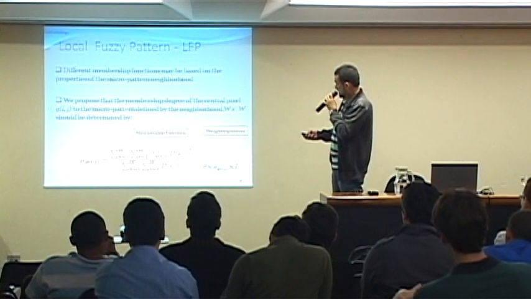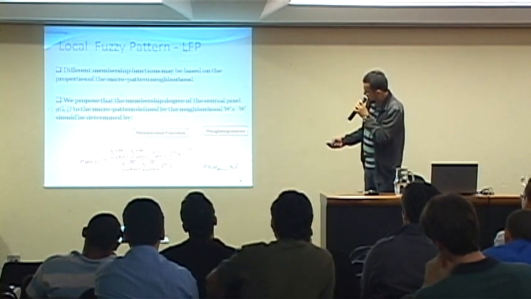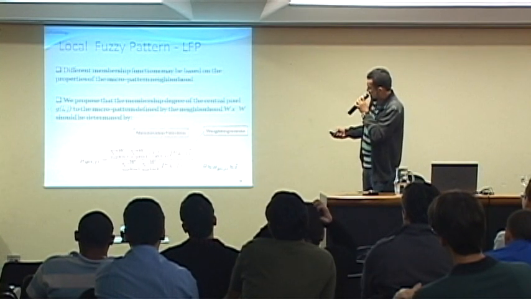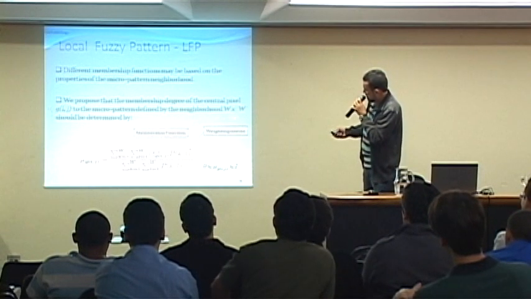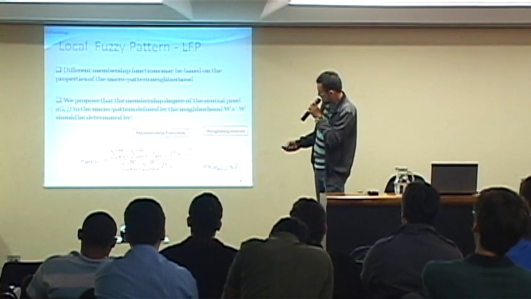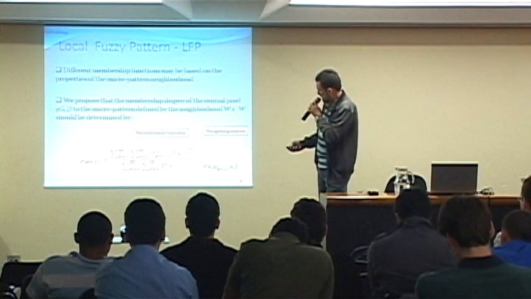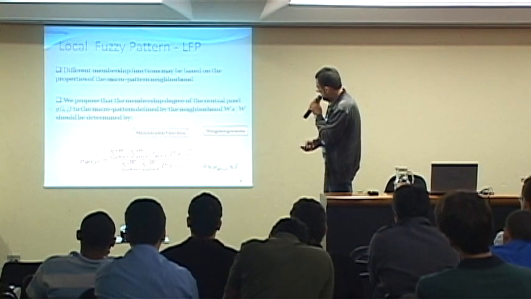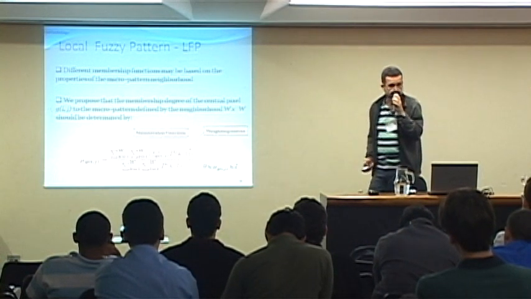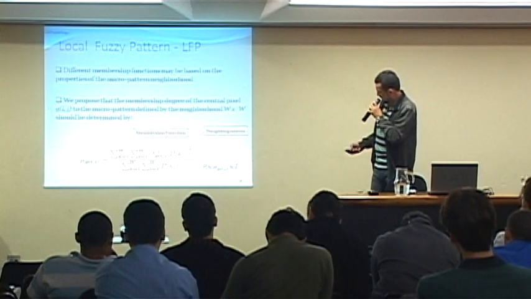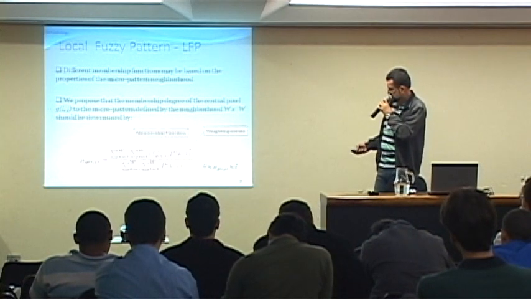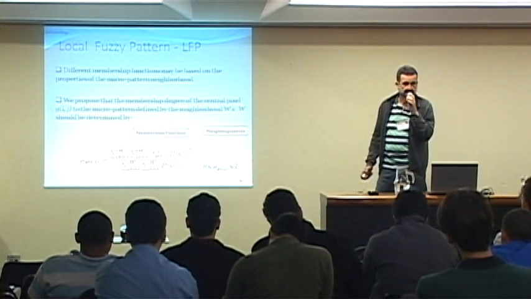We propose that the membership degree of the central pixel, which we call G_ij, to the micropattern defined within a neighborhood should be determined by this equation: the summation of the membership function multiplied by a weighting matrix and divided by the summation of the weights. The value of the membership degree of these pixels is in the interval from 0 to 1.